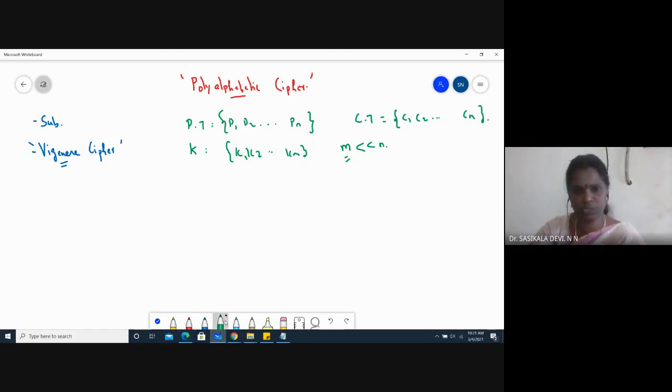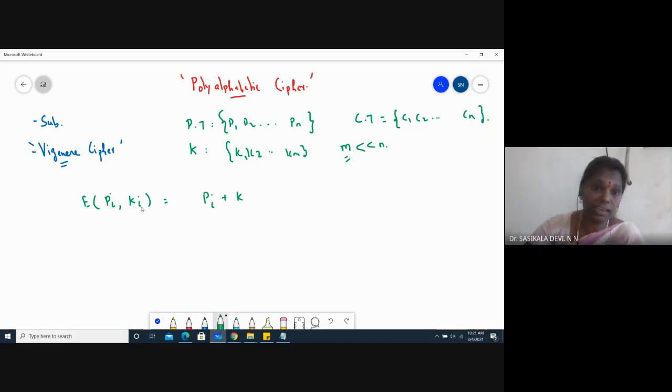The encryption process here is encryption on each character. The encryption algorithm is applied to each character separately. We take each plaintext character Pi and the corresponding ciphertext character Ci. So encryption is Ci equal to Pi plus Ki mod 26.